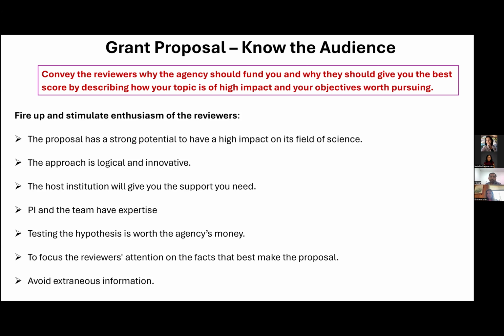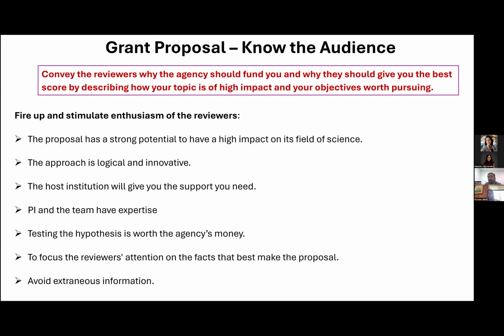So all these answers should satisfy the questions which the reviewer asks to support your grant. These are the fundamental things: how strong the proposal is, and whether your approach is logical and innovative. Innovative means it should be something unique which nobody has ever tried.